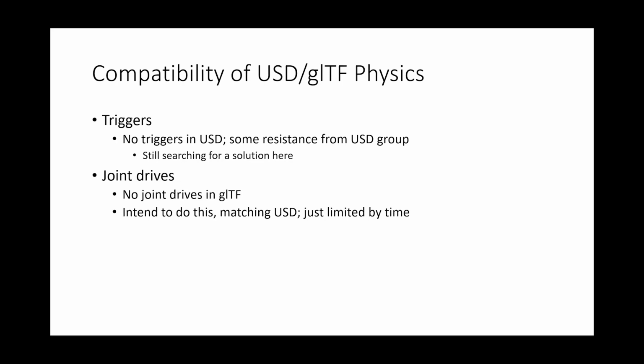Now, USD does not have those in the USD physics spec. And we've been discussing this with the USD group, with Pixar, and there's a bit of resistance there. I think that the feeling is that they're a more general concept rather than a physics concept.